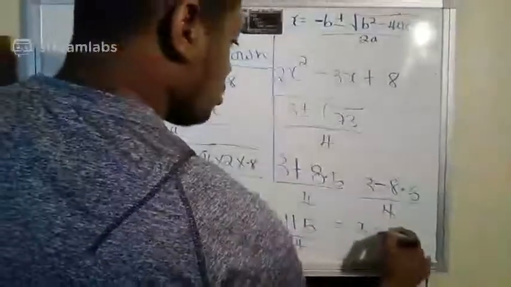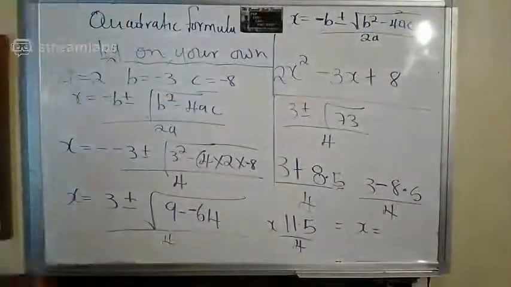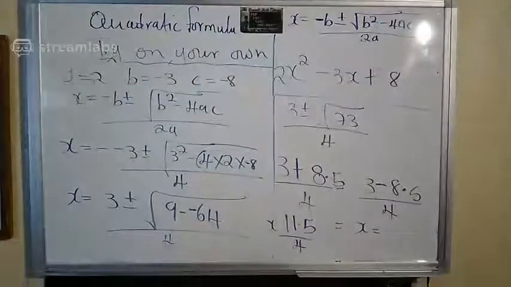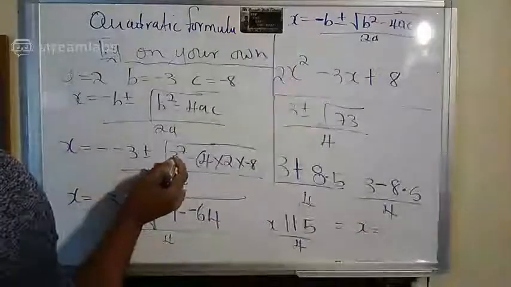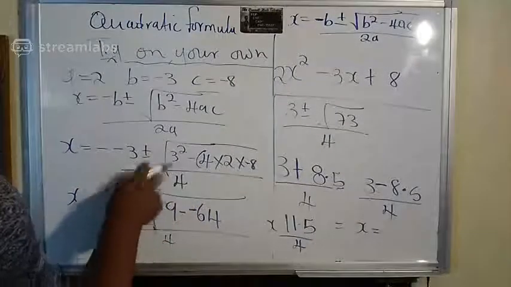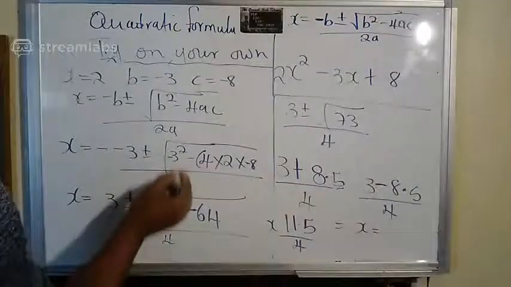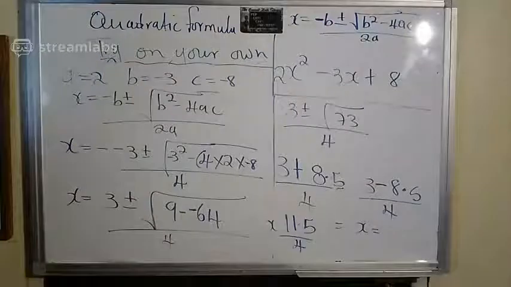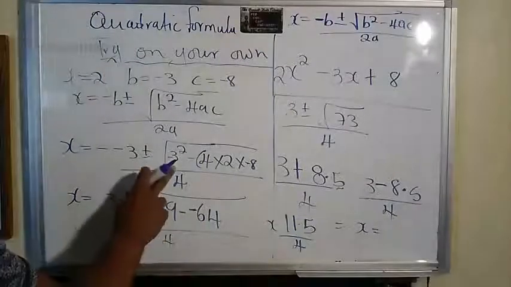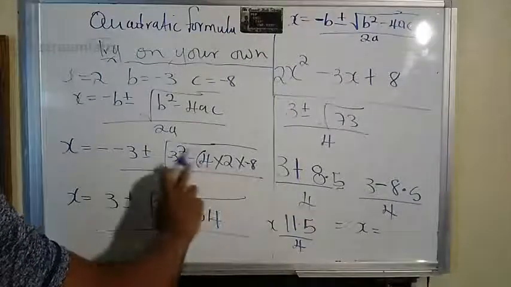And I want negative 3. Do we have a negative 3? Oh, so it's negative 3. Well, it doesn't matter, because when negative 3 is squared, it will be positive 9. That's right. And it's still wrong, because guess what?